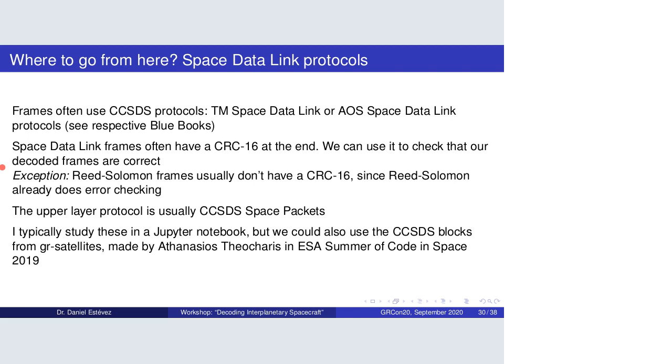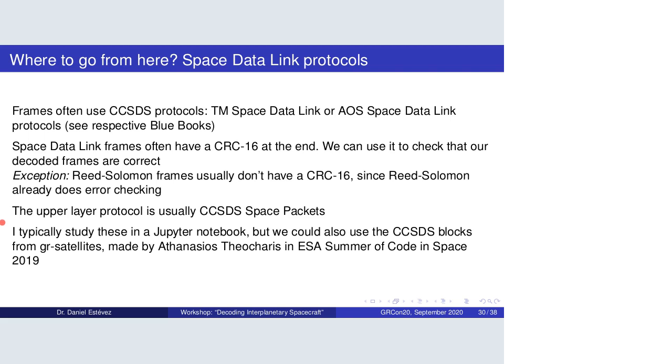An exception to this, if you're working with Reed-Solomon frames: Reed-Solomon frames don't always succeed. They tend to fail when the number of errors is large. So they can be used as a built-in error detection scheme, and it is useful not to include a CRC16 with Reed-Solomon.